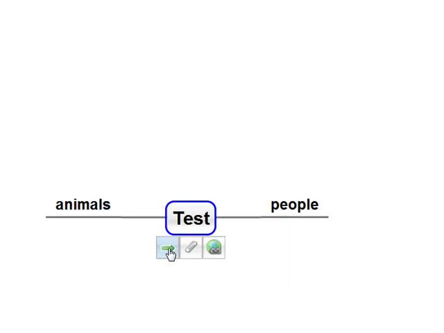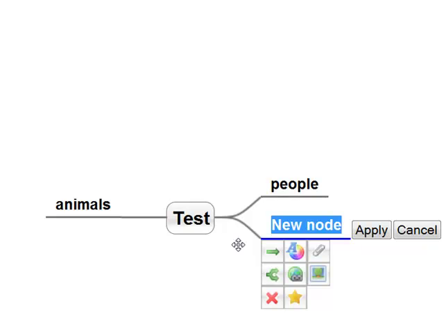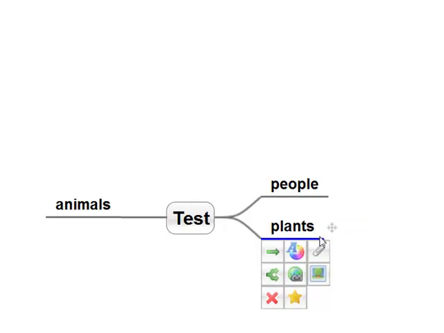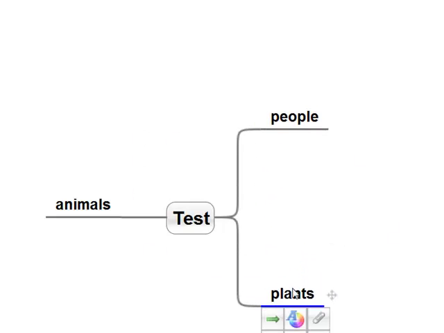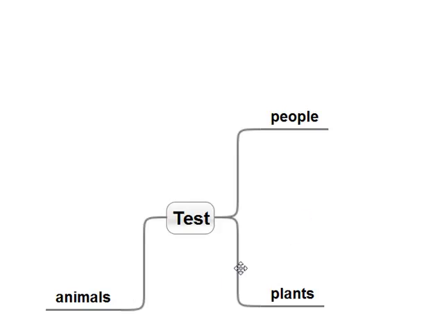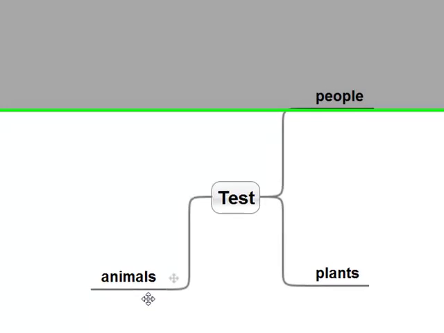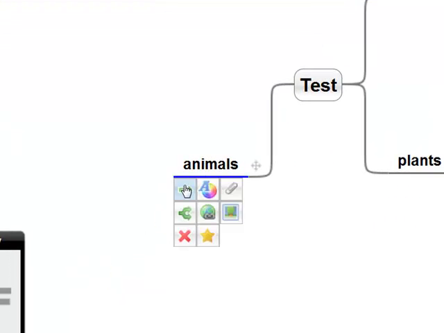Click on test again, create another branch. I'll call this one plants. And now that I've created these nodes, I can move them around. Now under animals, I can click on that and I can add another node.